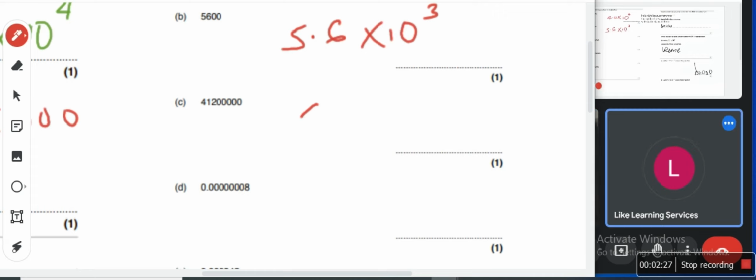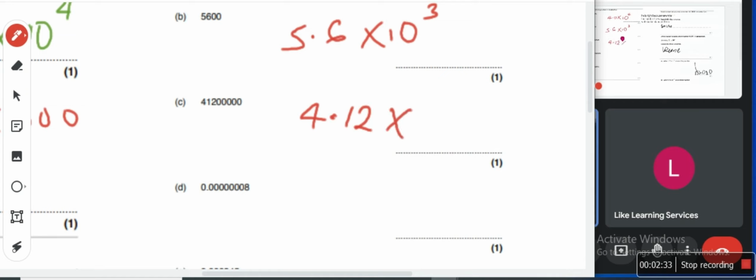Let's go. Is 4.12 times 10 to the power of 7. Okay, to the power of 7.